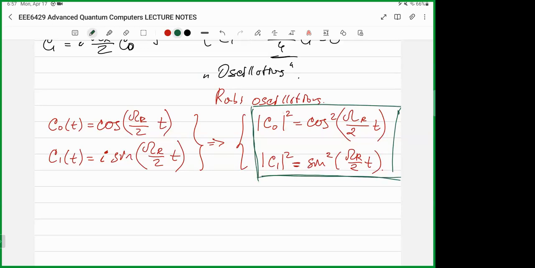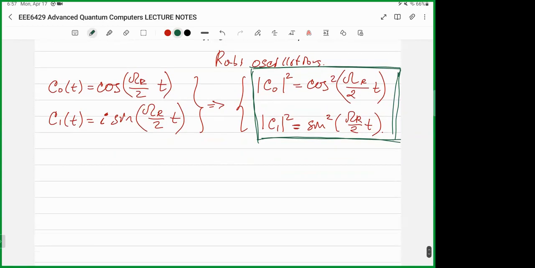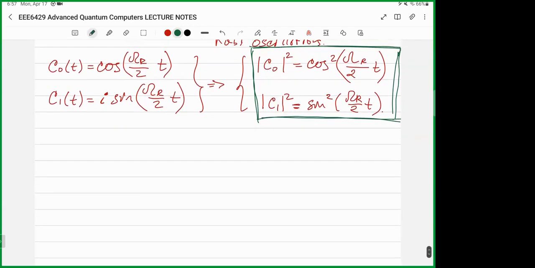These two solutions for the populations of the states depend on time, right? And obviously they represent oscillations.